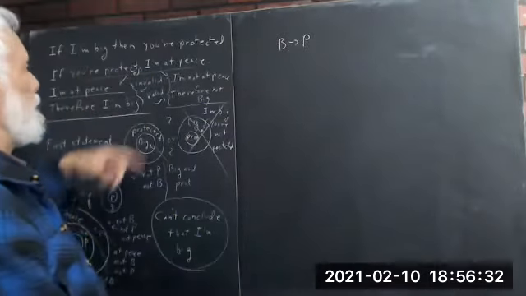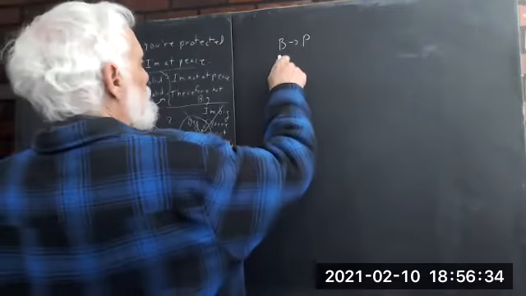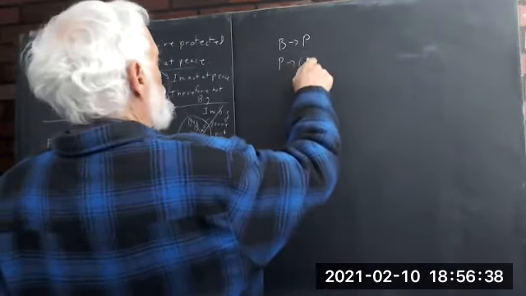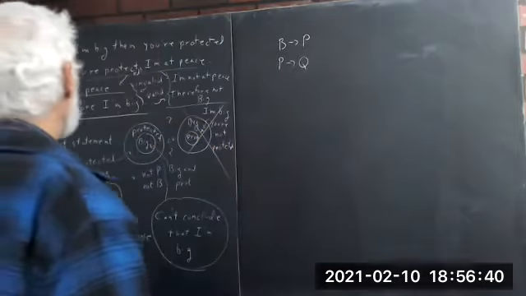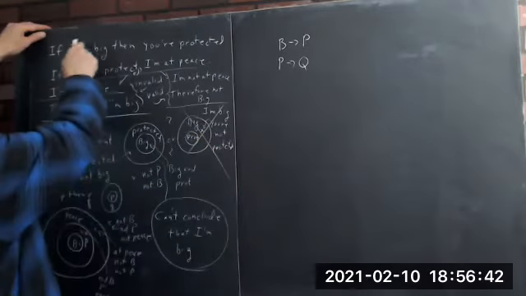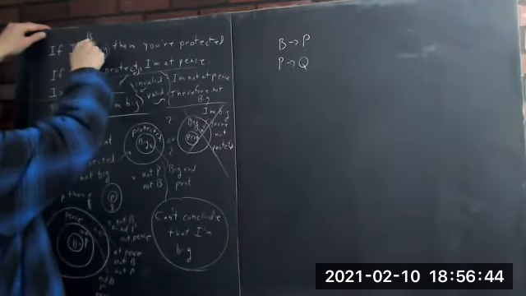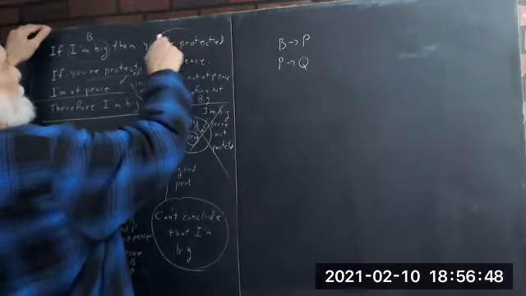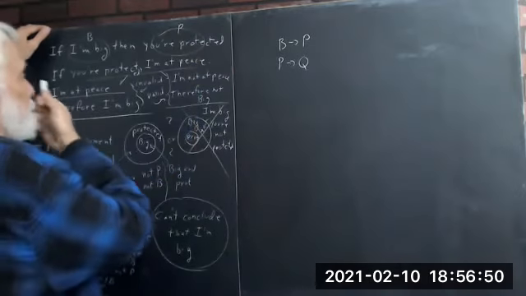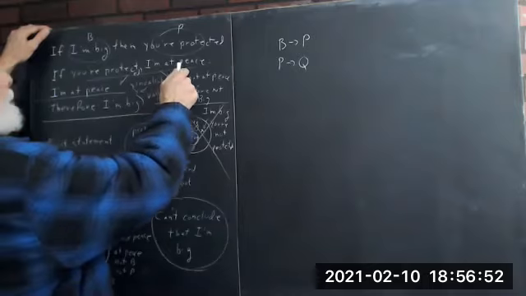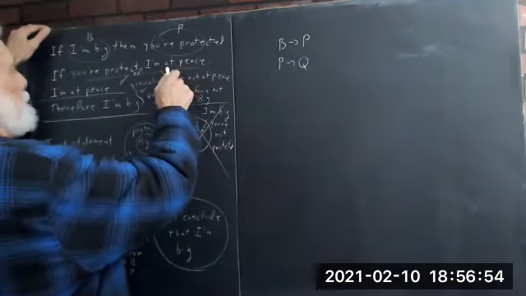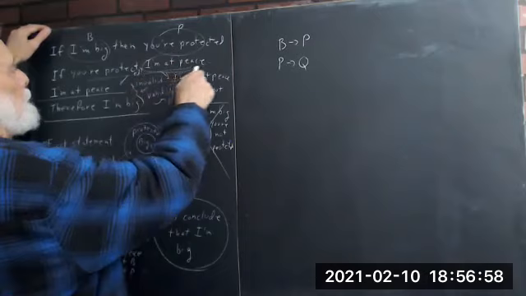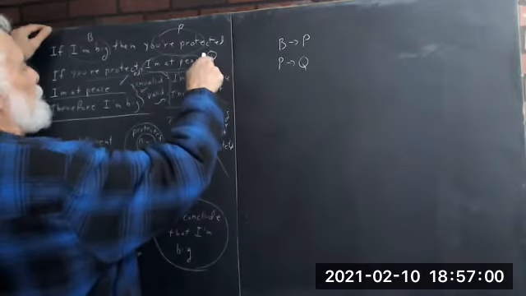If you're protected, I'm at peace. So I'm big, we'll go ahead and use B. You're protected, that'll be big P. I'm at peace will be Q.